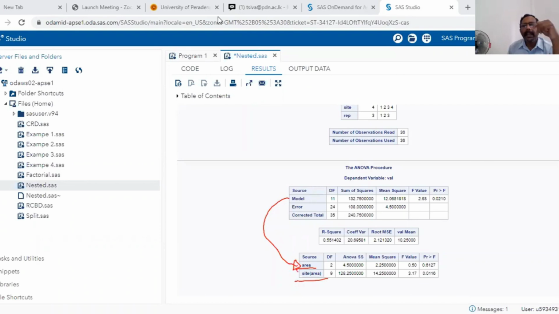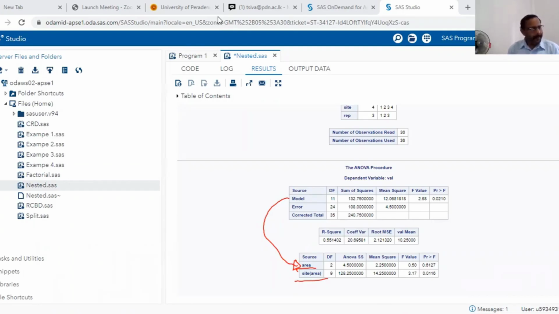Area, site within the area. We are cross-checking with our answer that we have already done in our class, so that everyone knows what we are doing, right?